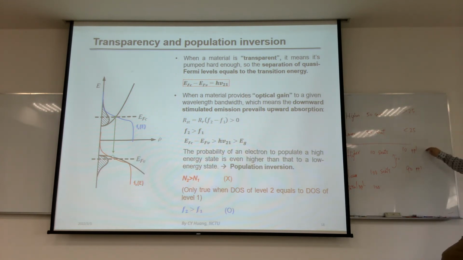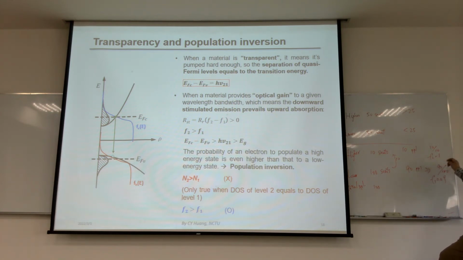In such a case, what is your occupancy rate? It's 10 over 10, so F2 is equal to 1. But what's the occupancy level over here now? It's 90 over 100, so F1 is 0.9.